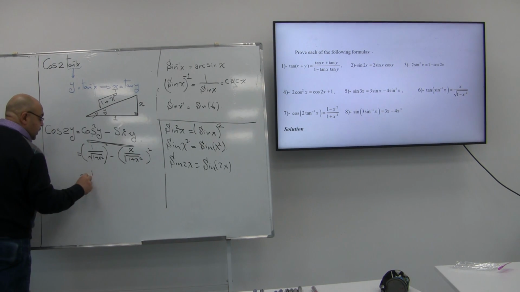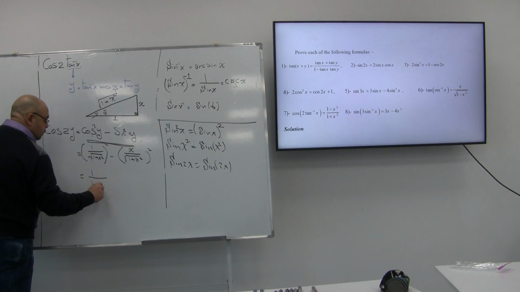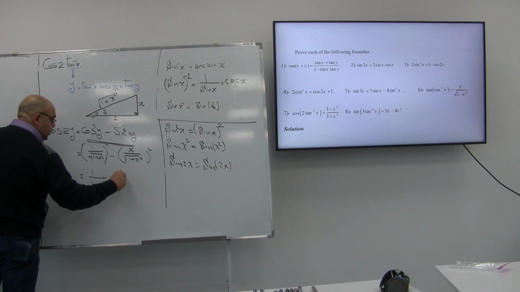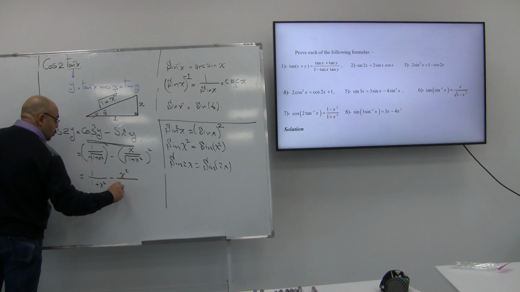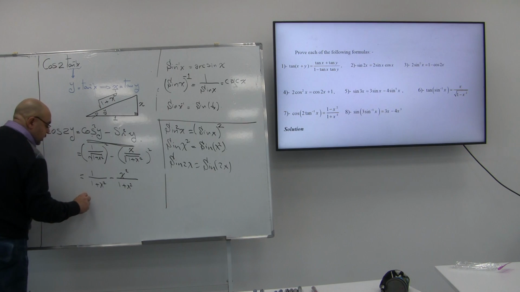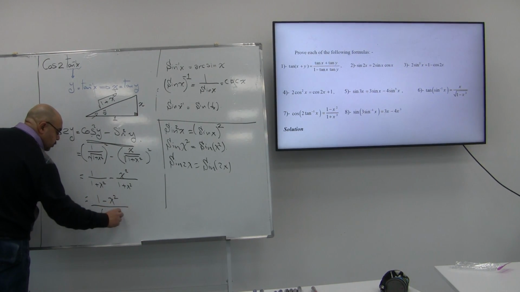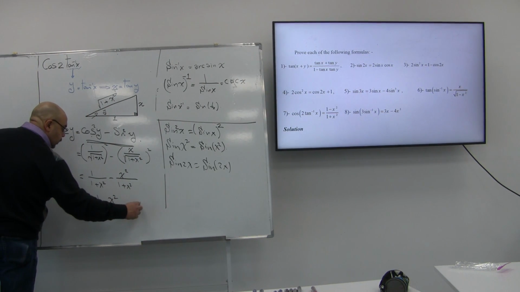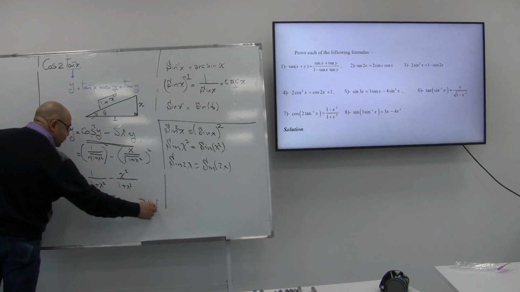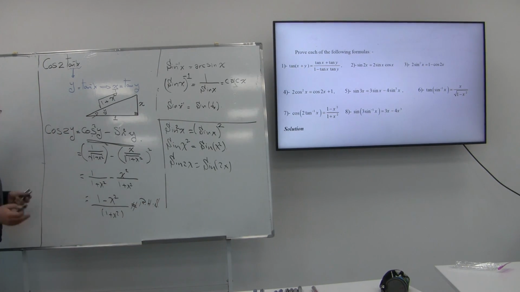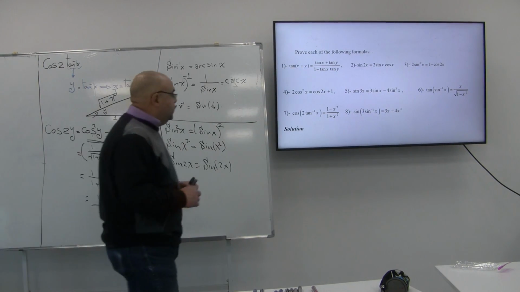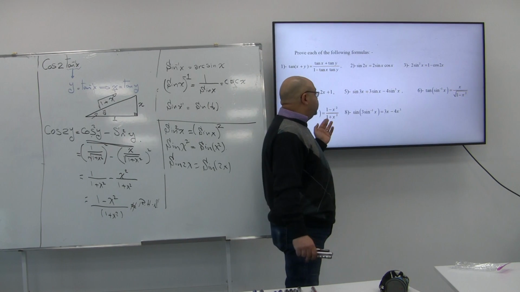So simply, it's going to be 1 over 1 plus x squared minus x squared over 1 plus x squared. Getting them together leads to 1 minus x squared with a common denominator 1 plus x squared, which equals the right hand side, and I have succeeded in proving this relation.